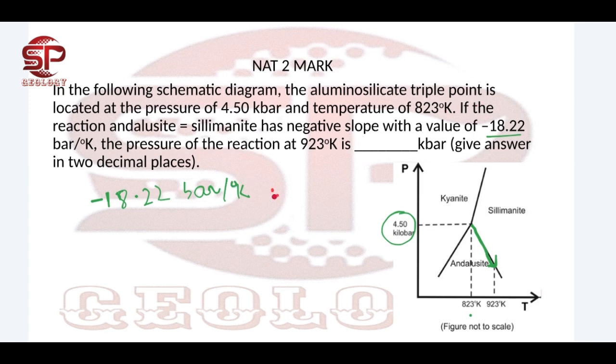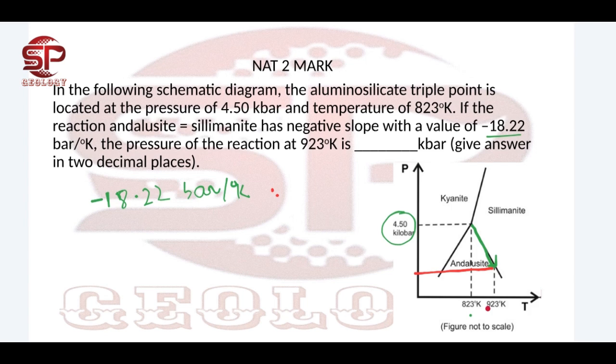So for each Kelvin change, the pressure decreases by 18.22 bar. We have to calculate the pressure at 923 Kelvin. This indicates that each 1 Kelvin change in temperature decreases the pressure by 18.22 bar.